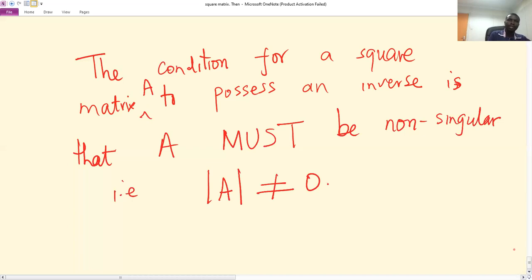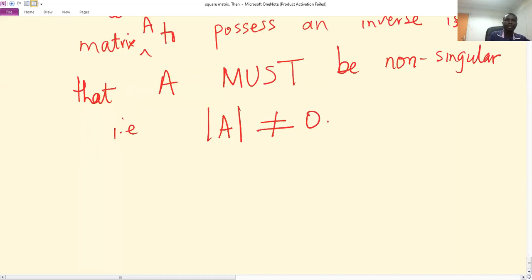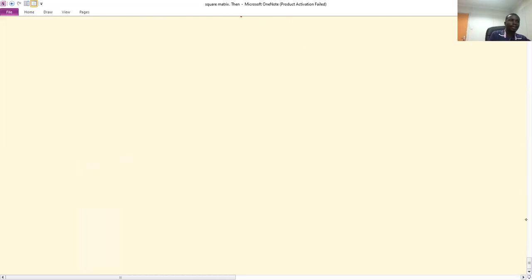So that's the condition: if the determinant of A is not 0, then the inverse exists. But if the determinant is 0, then there is no inverse.